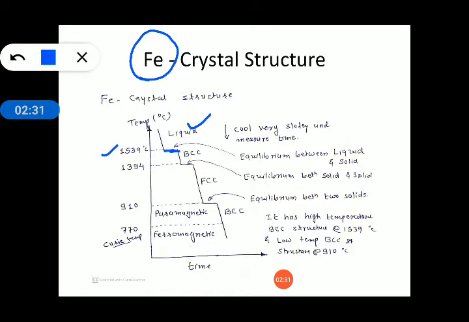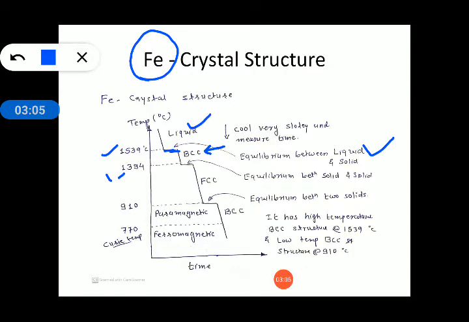So that is the equilibrium phase. In this equilibrium phase, between liquid and solid, the liquid is transformed into solid, and the structure during this transformation is BCC, body center cubic. Then again it will cool and reach the temperature of 1394 degree centigrade.